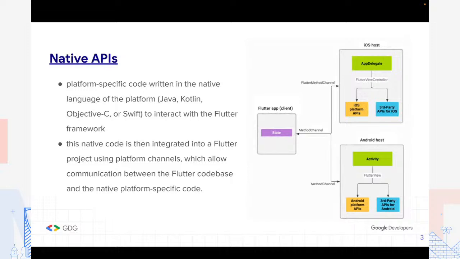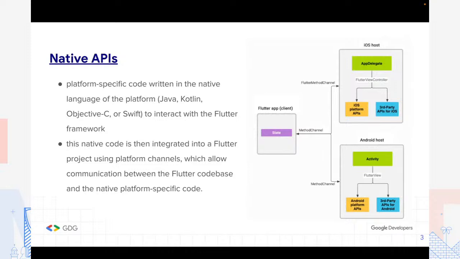So I need to write a code such that my Android device understands that it has to pull out the battery percentage from the device. So that same code is not going to work for iOS because iOS was designed in a different way. It has its own code of extracting the battery percentage. So in this case, you can use the native APIs.